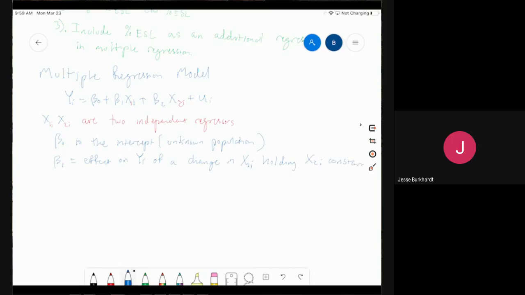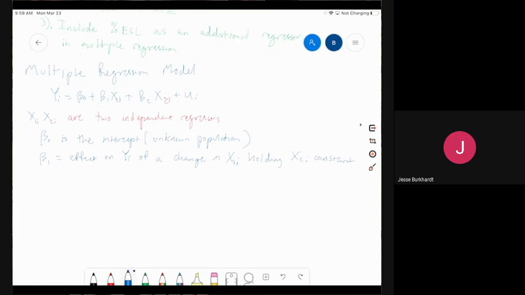That's different than our single regression model, where beta 1 is just the effect on y of a change in x1. Now beta 1 equals the effect on y of a change in x_1i holding x_2i constant.